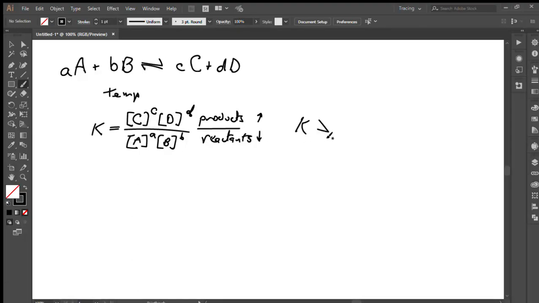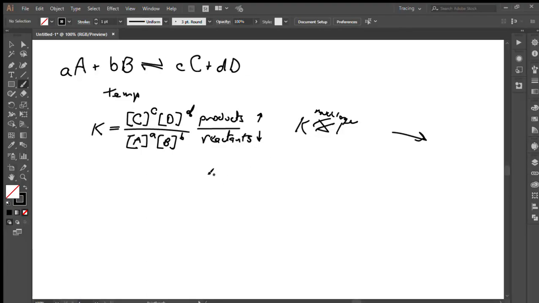It's going to be much greater than 1. That means that if K is a very large number, much larger than 1, then we're going to have almost all products, and you can write the arrow like that.